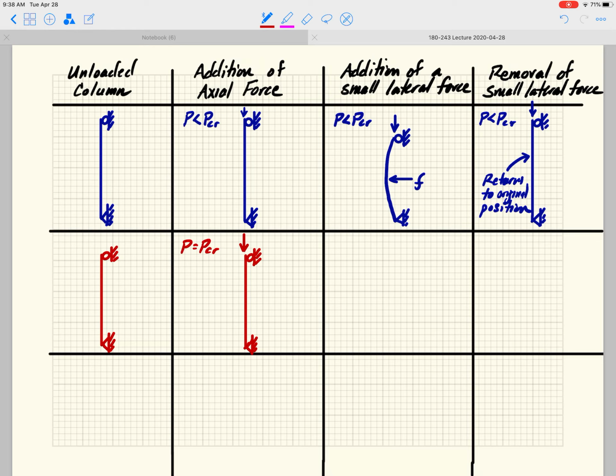And now we're going to do the same thing here, right? I'm now going to apply this small force F, and I'm going to keep P equal to P critical, right? And now when I remove it, something interesting happens.